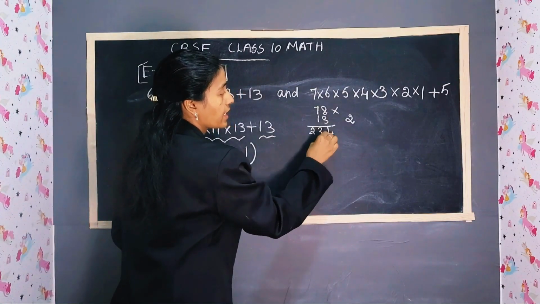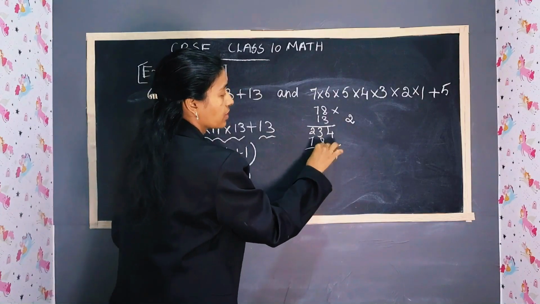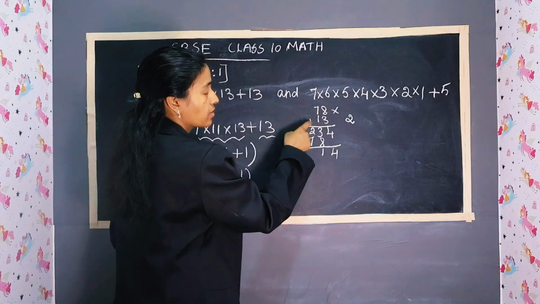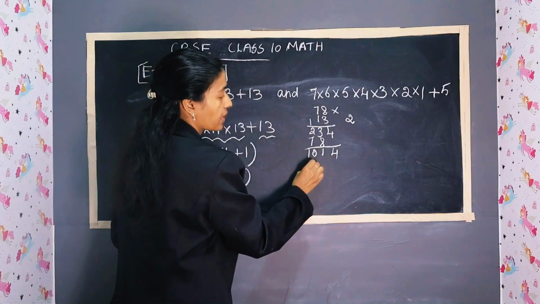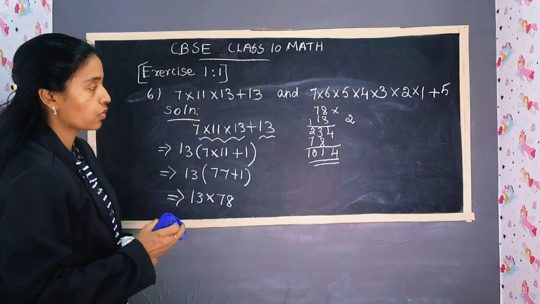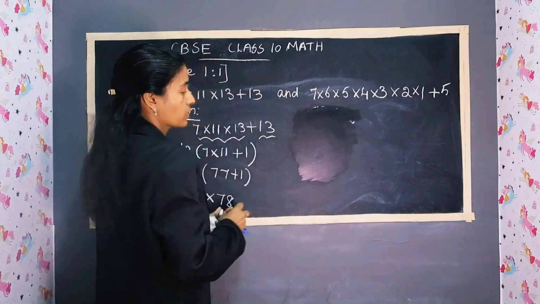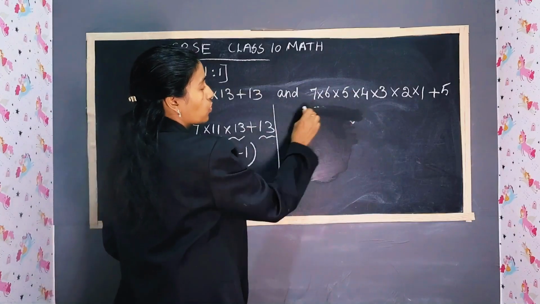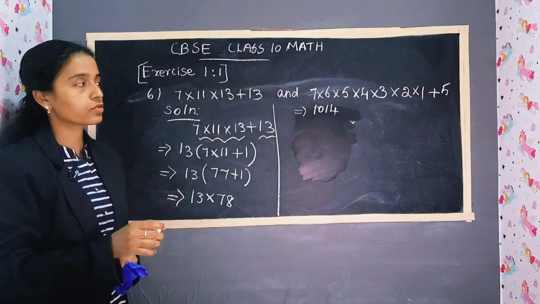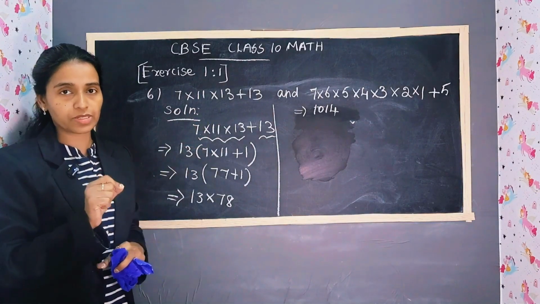And 1 eight is 8, 1 seven is 7, 8 plus 3, 11. 7, 9, 9 plus 1, 10. So I'm getting 1014, right? 1014. Now I have to find out the factors of this number. So I'm going to use L method.